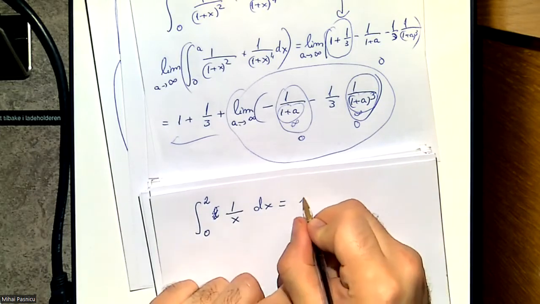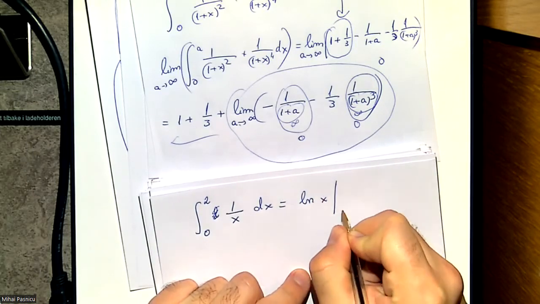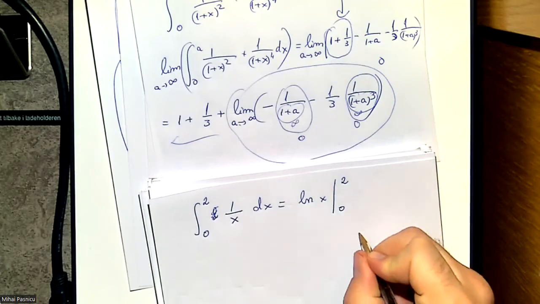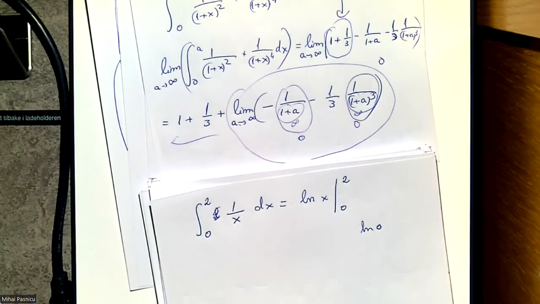So this is just log of x evaluated between 0 and 2. The problem is log of 0 does not exist. I've told many of you that it goes to minus infinity. Yes, but log of 0 itself does not exist. When you write log of 0, it doesn't make sense.